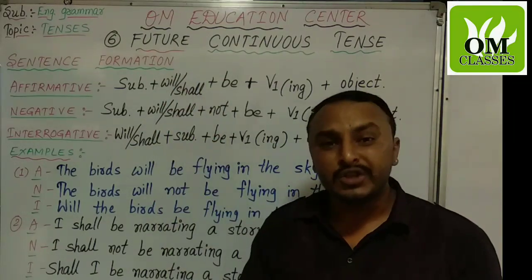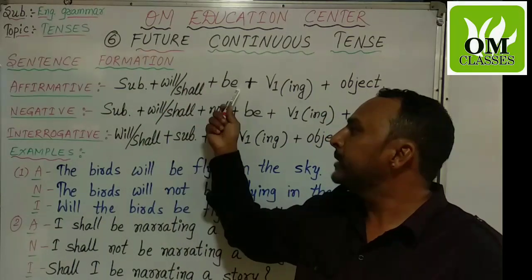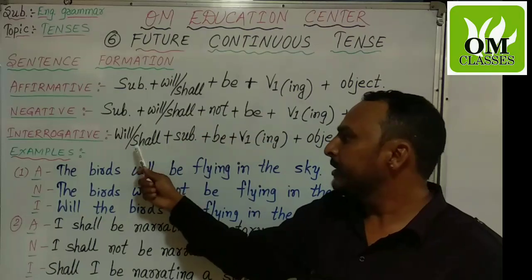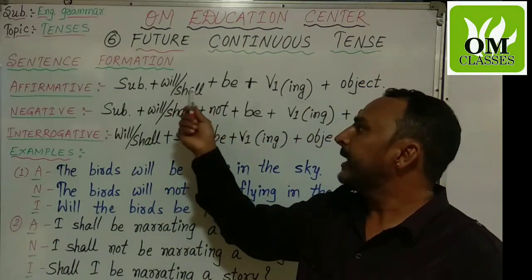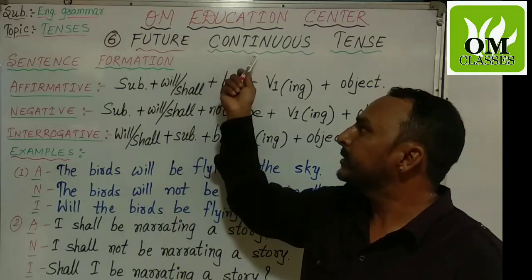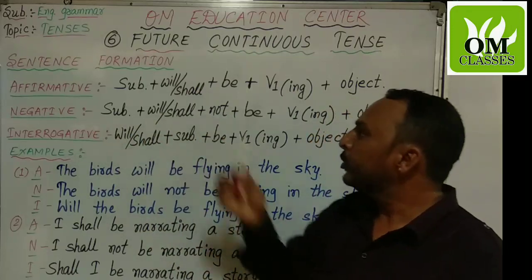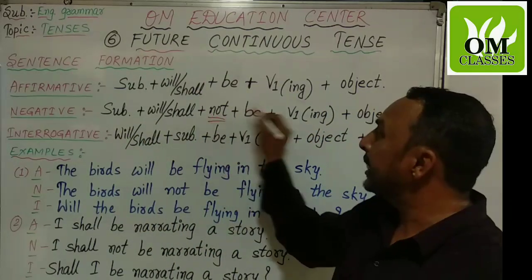And for the future continuous tense, we use will, shall, be. Now you have to remember, whenever we write or speak sentences related to this tense, for the negative, not is always written at the third place, and then be comes after that.